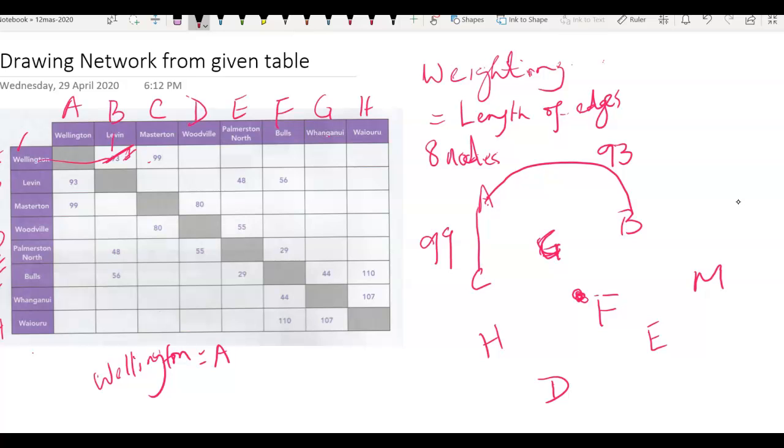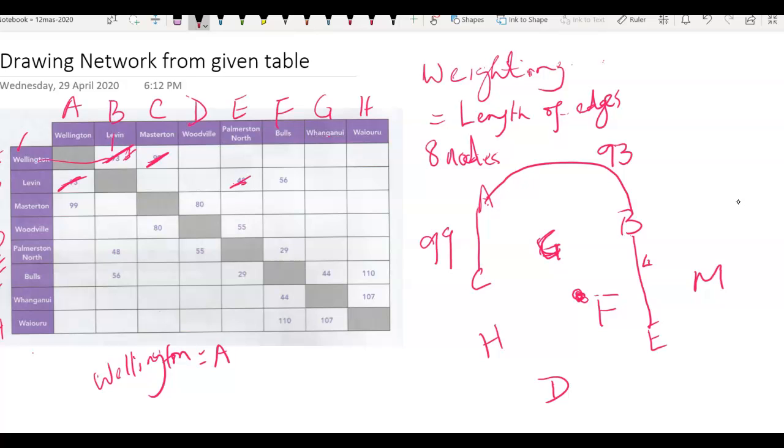So once you have put the position and connected them with the edges, cross it out, because I don't have to do it again. The Levin to Wellington is also already addressed. Palmerston North and Levin: Palmerston North is A, Levin is B. So I need to connect those two, and I'm going to cross it out.